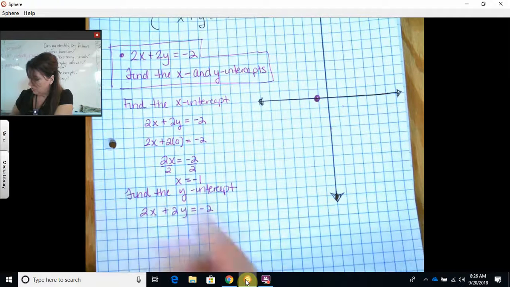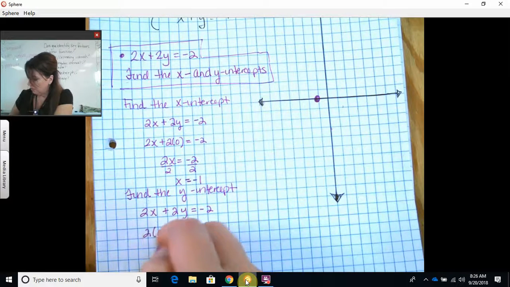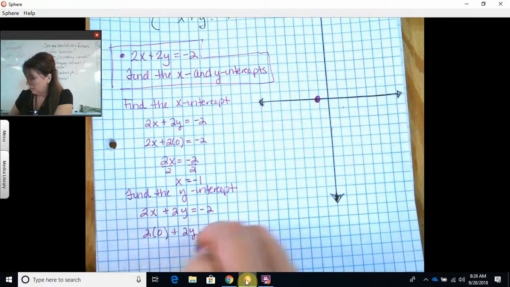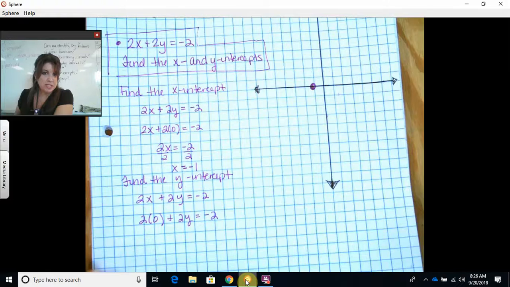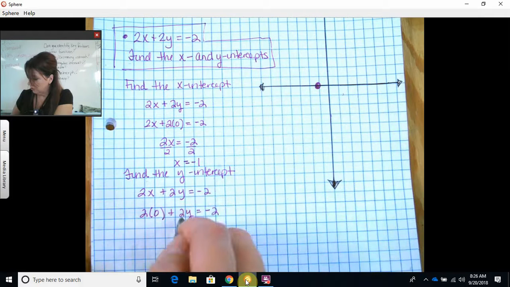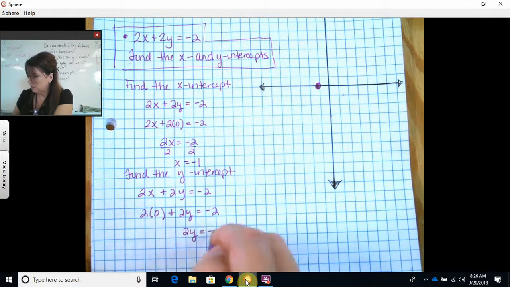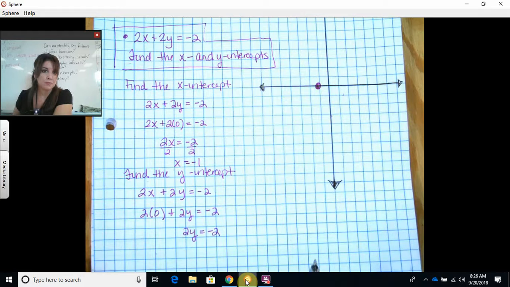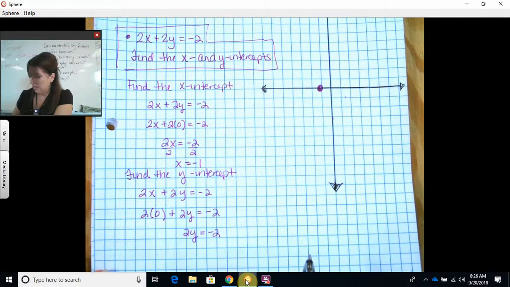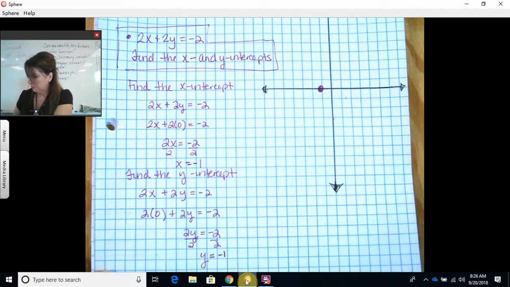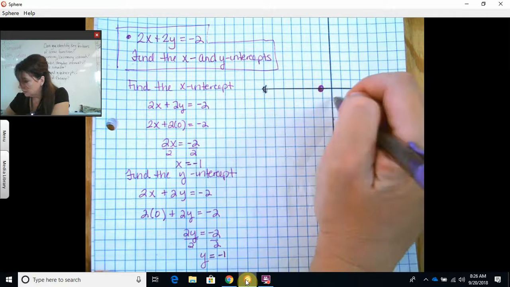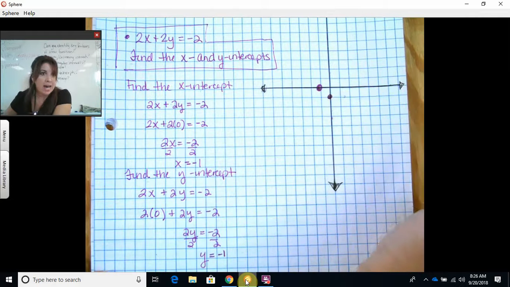So that will be 2 times 0 plus 2y equals -2. 2 times 0 is 0, so you're just left with 2y equals -2. If you're solving for y, divide both sides by 2, and y equals -1. So on my y-axis, I have a y-intercept of -1.